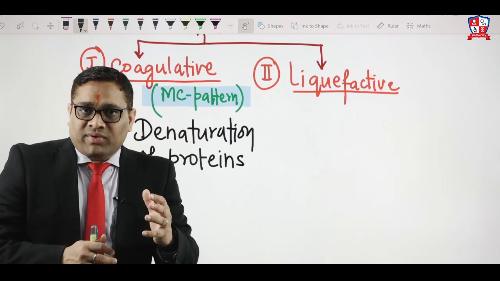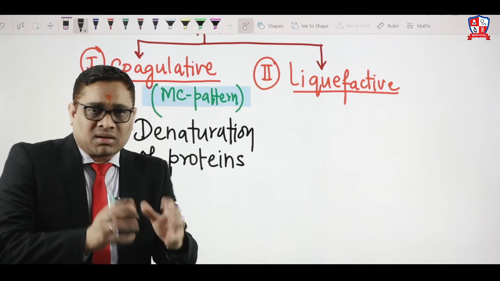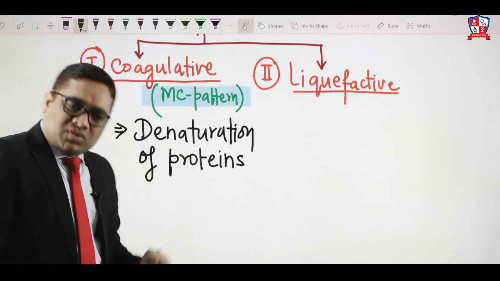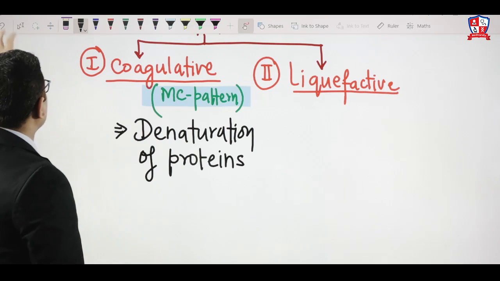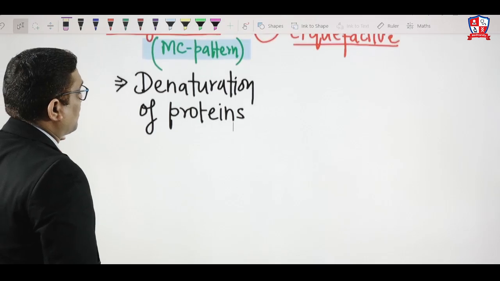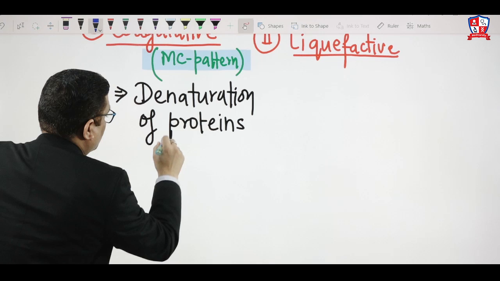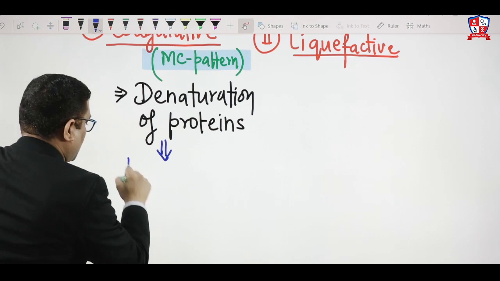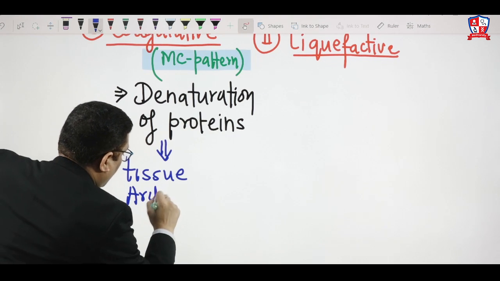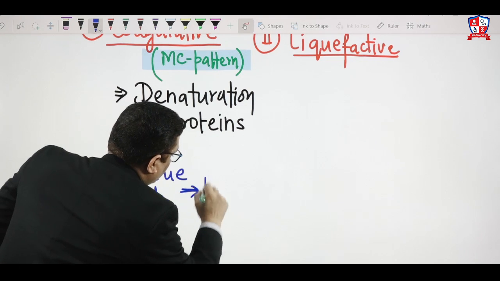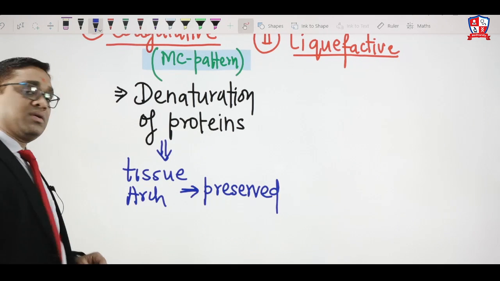In the beginning phase of necrosis, tissue architecture is usually intact because of denaturation of the protein, and this is called coagulative necrosis. Tissue architecture is preserved in coagulative necrosis.